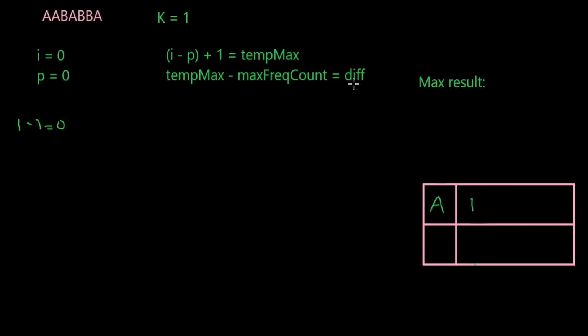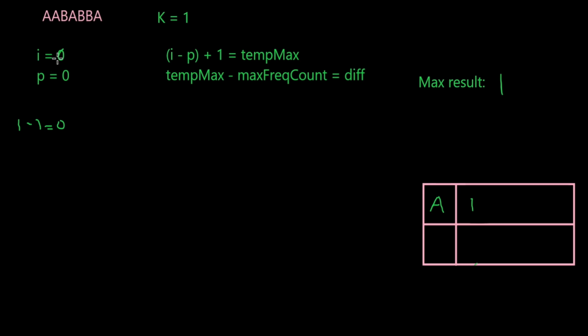This difference, the 0, is less than k, so our window is valid. And so we're going to have a max result of 1.